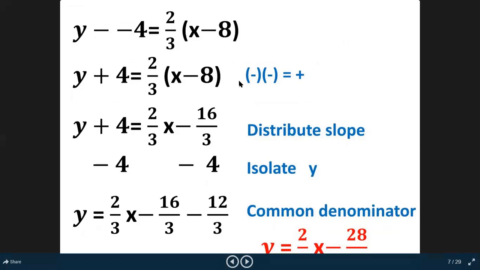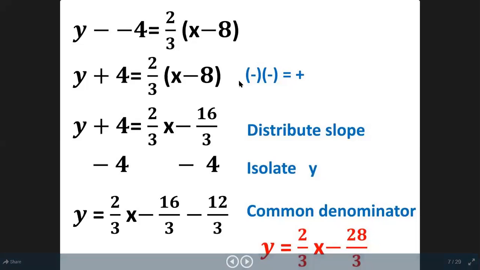What if I want to change this equation to be in slope-intercept form? What do we have to do? We said that the equation equals y plus 4 equals 2 over 3 x minus 8. This equation is now written in point-slope form. If I want to change it from point-slope form to slope-intercept form, what do we have to do?